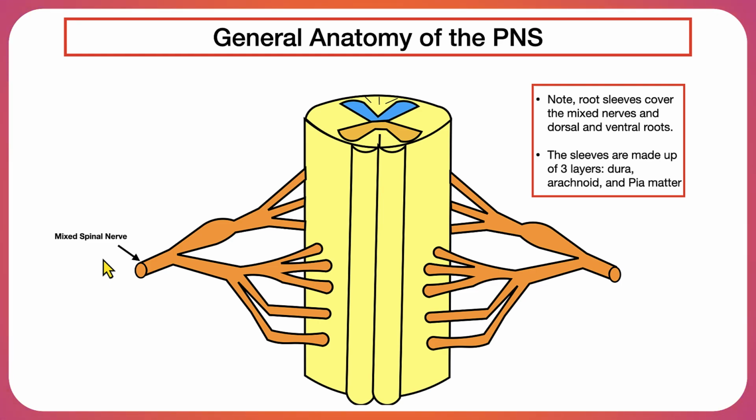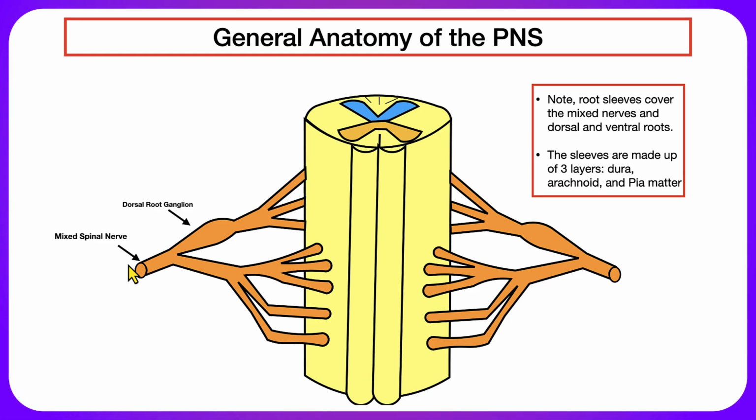A mixed spinal nerve means that you have axons that are carrying information into the central nervous system and axons that are carrying information away from the central nervous system bundled together. Now, what we see here is that this mixed spinal nerve is going to divide into two segments. The first segment is going to be the dorsal root ganglion, and the dorsal root ganglion is going to be responsible for taking information from the body and bringing it into the central nervous system.